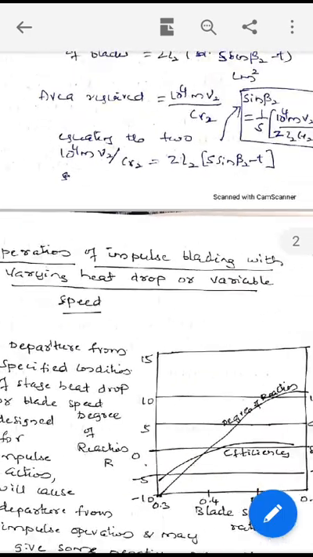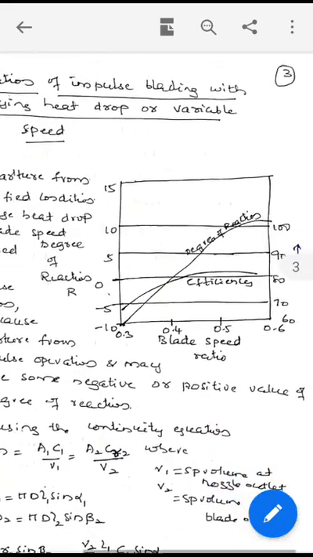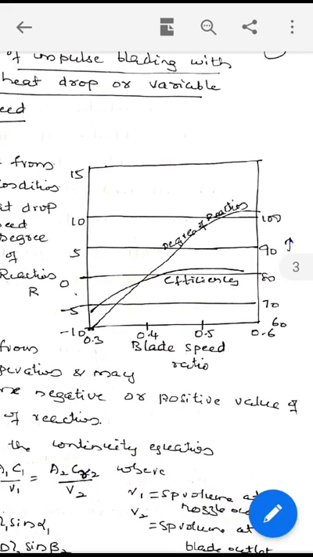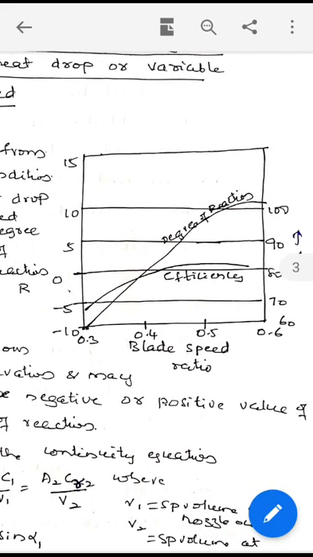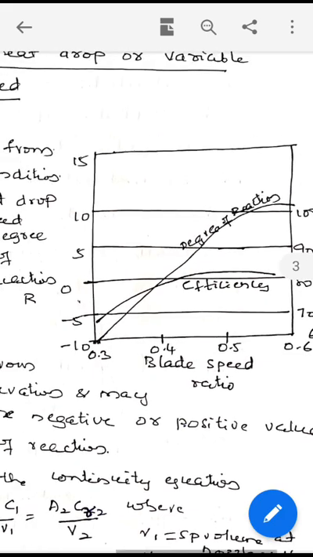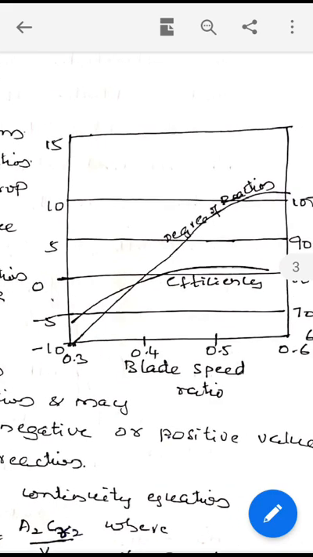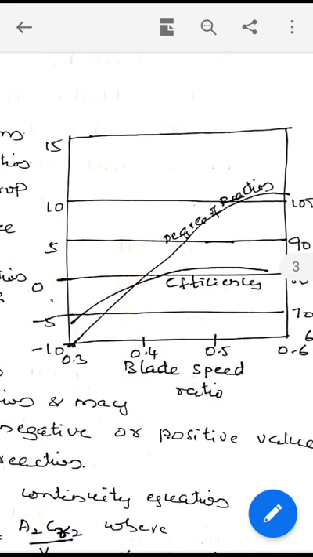Now, operation of impulse blading with varying heat drop or variable speed. We know that the degree of reaction for an impulse turbine is 0. So any departure of the heat drop from the specified condition will vary the value of C1, and which will also vary the blade speed ratio.